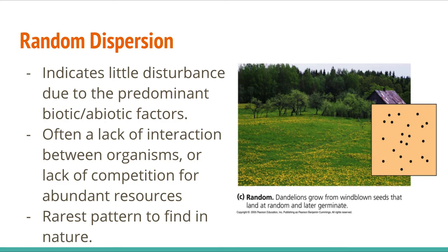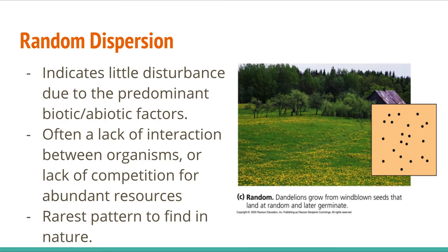The rarest dispersion pattern is random dispersion, and that might seem a little bit weird because, like, what's easier than random dispersion? Well, when you have to fight for resources, anything is easier, because random dispersion only works if resources are both plentiful and evenly distributed.